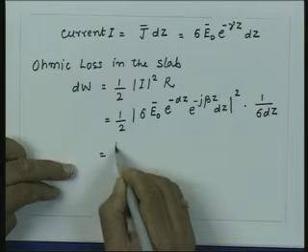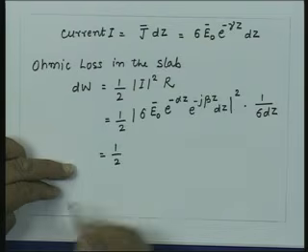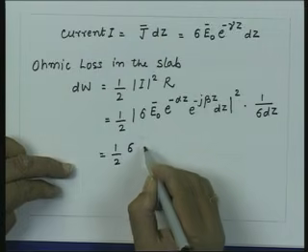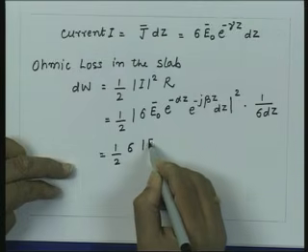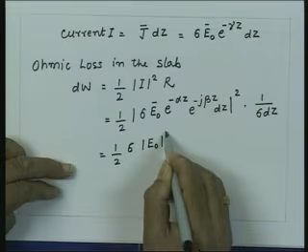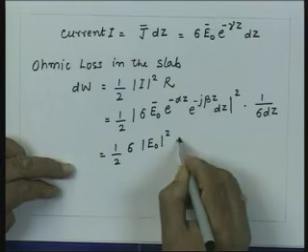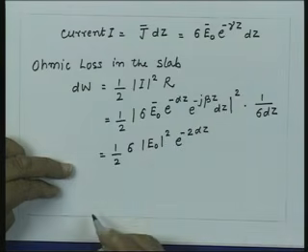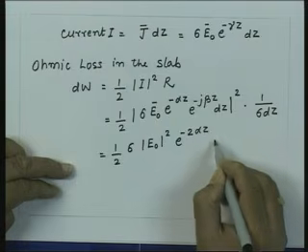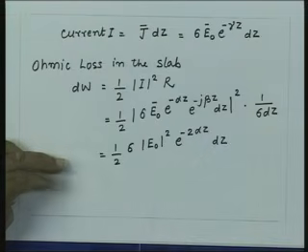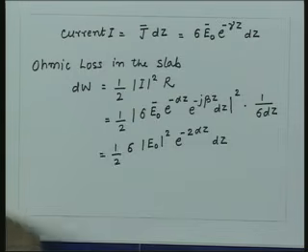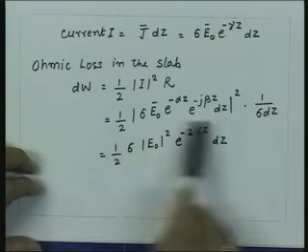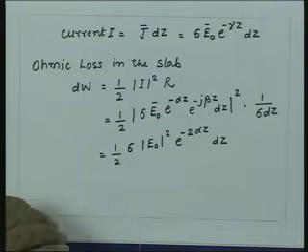I can simplify this. So this gives me half sigma mod E naught square e to the power minus 2 alpha z into dz, as one sigma and one dz will cancel. So the power loss in this thin slab of depth dz is essentially given by this.